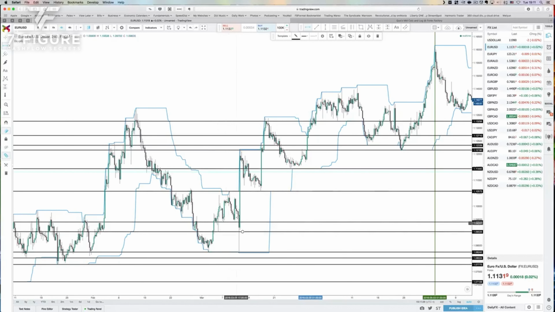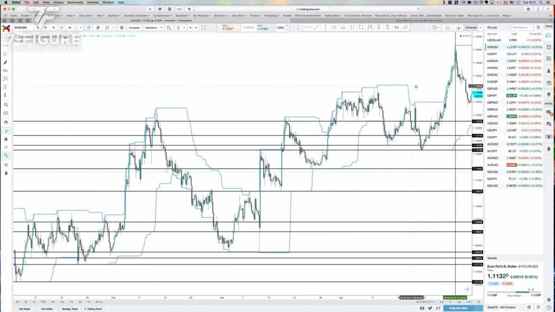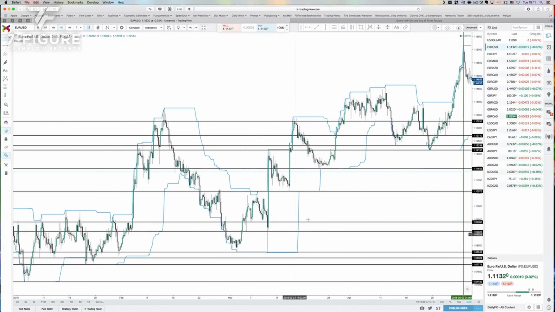We have a couple in here and some smaller ones as well. I'm not going to go too crazy with this, but we can see that all of these, from back here all the way up, are just different levels of support.